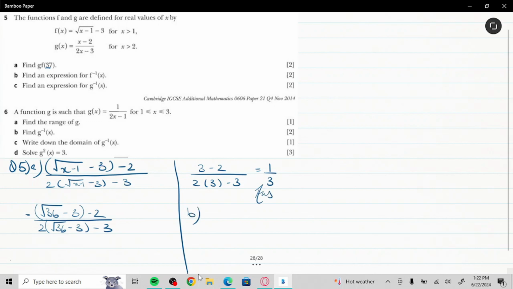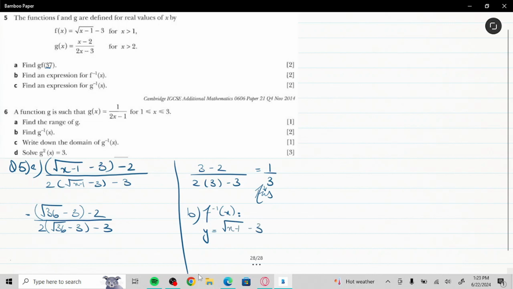And similarly for part B, we have to find an expression for f inverse of x. So simply find the inverse of the function f. For that, again, follow these steps. Assign y equal to f(x), and assign the value here, square root of (x minus 1) minus 3.